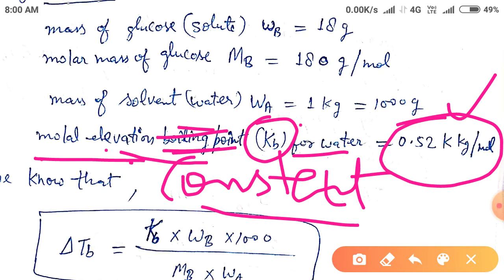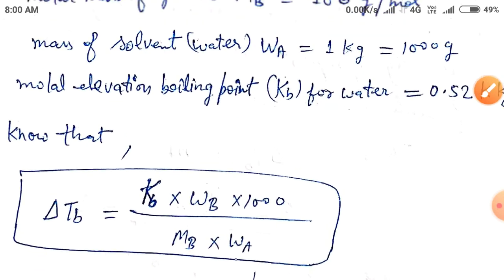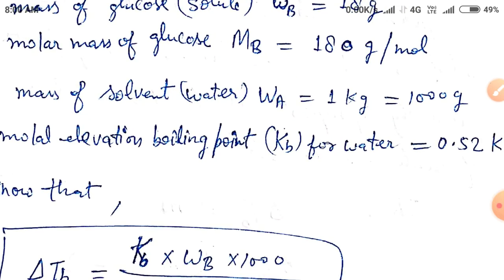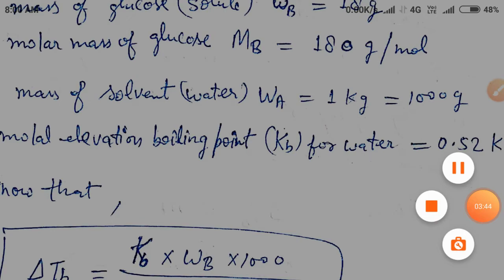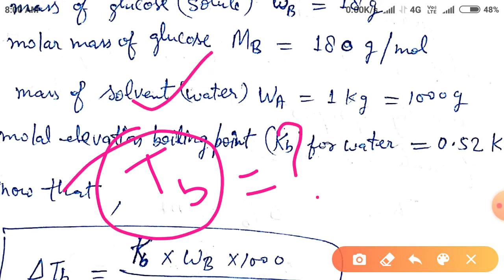So this is the molar elevation constant for water. And the question asks, what is Tb? It means the boiling point of water in solution.